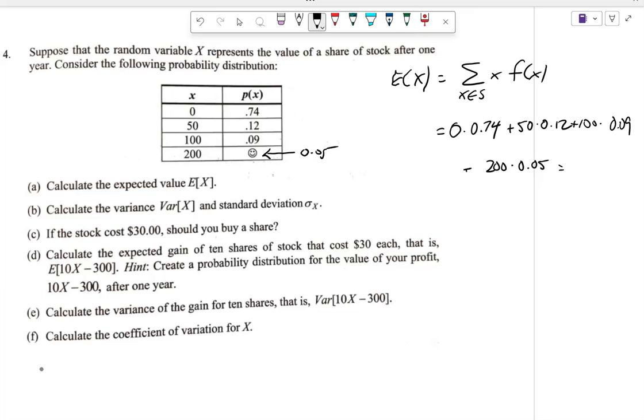Okay. 50 times 0.12 is 6. 100 times 0.09 is 9. So we got 15 there. Plus another 10, so it's 25? Okay, good.